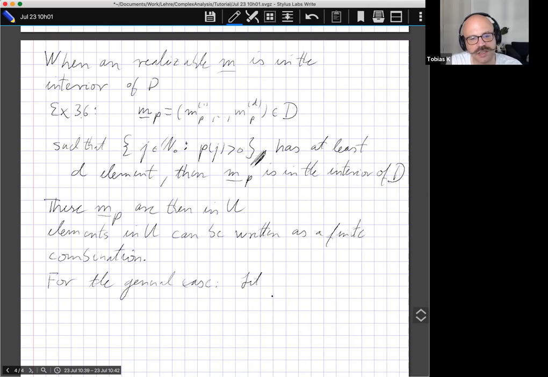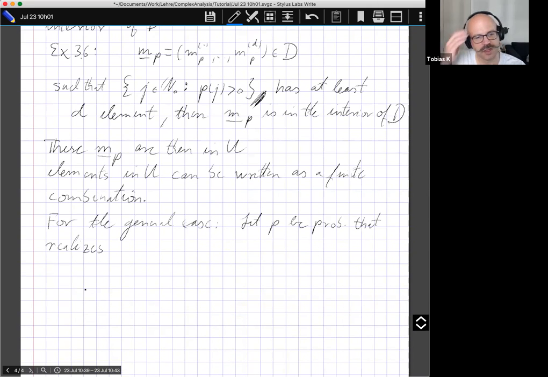let P be a probability that realizes. And then we define J as the set of all small j's in N0 such that P of j is strictly greater than 0.